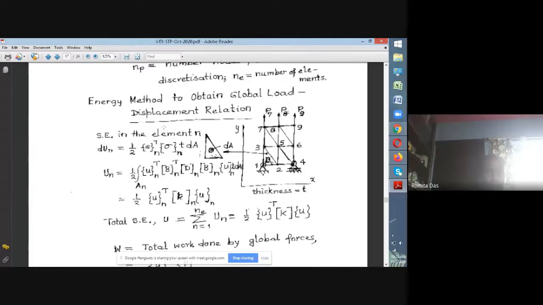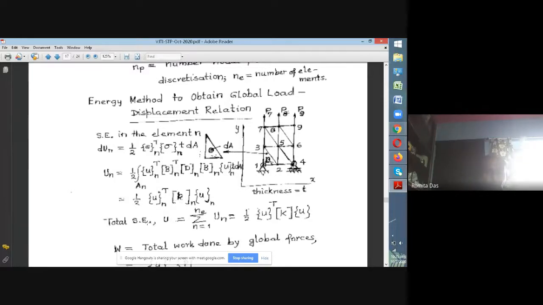If we integrate over the whole area of the element, that gives us the total strain energy in the element. Finally, this is nothing but half un transpose multiplied by Kn into un. Therefore, the integration of the quantity Bn transpose Dn Bn t dA gives you the element stiffness matrix.